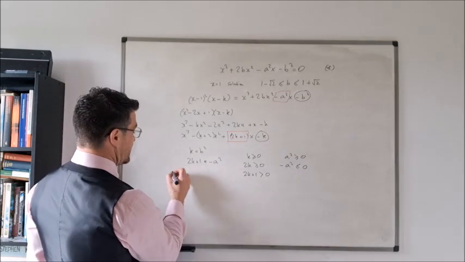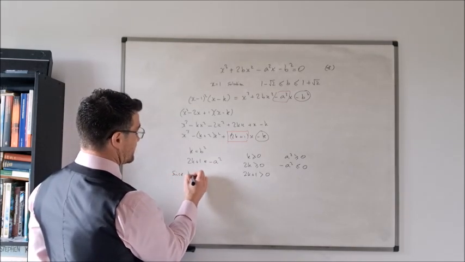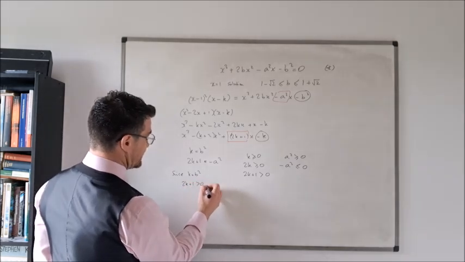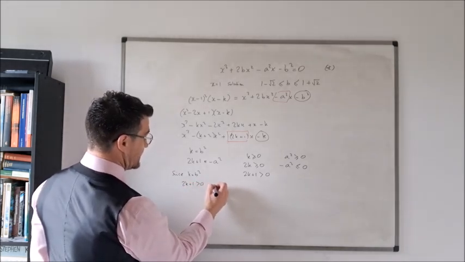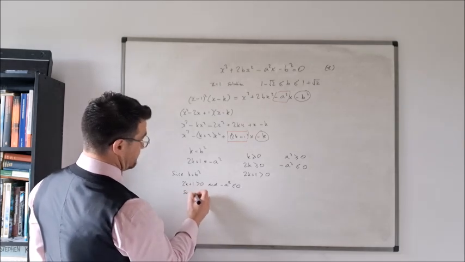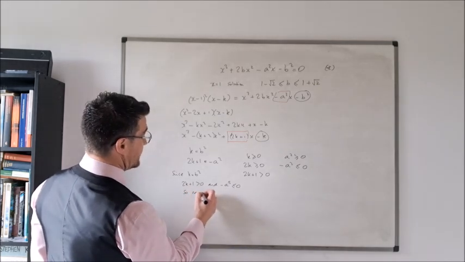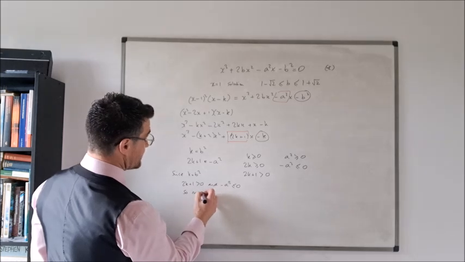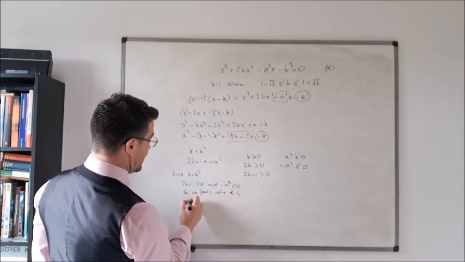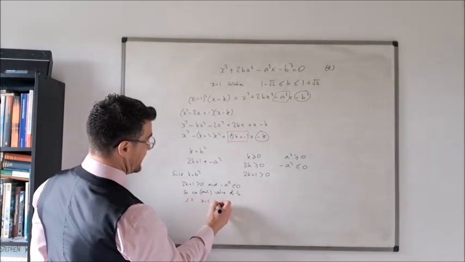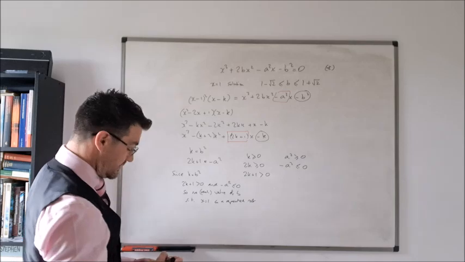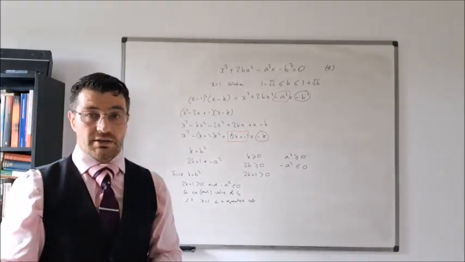So since k equals b squared, 2k plus 1 is greater than 0, and minus a squared is less than or equal to 0, there is no real value of b such that x equals 1 is a repeated root.